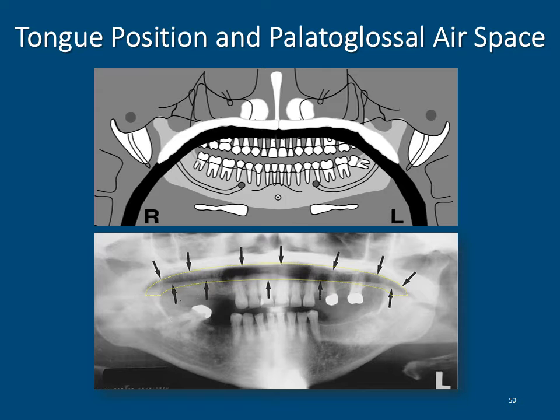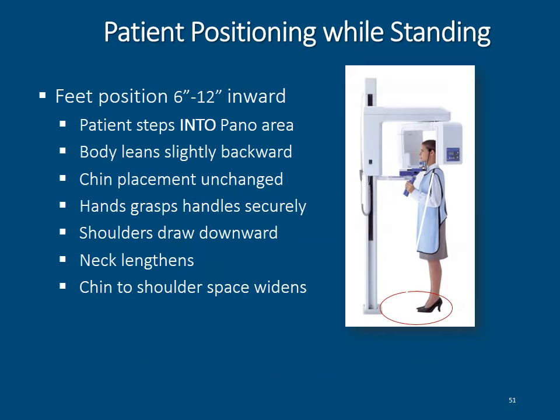It makes it very difficult to diagnose periapical pathologies when this darkened space obscures the maxillary apices, the teeth of the maxilla. Many patients have difficulty complying with the instructions to keep the tongue against the palate during this exposure, and then it ends up making the film non-diagnostic. So be very careful to instruct them and educate them on the importance of maintaining this tongue position.